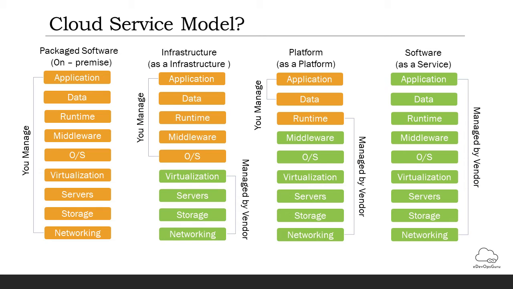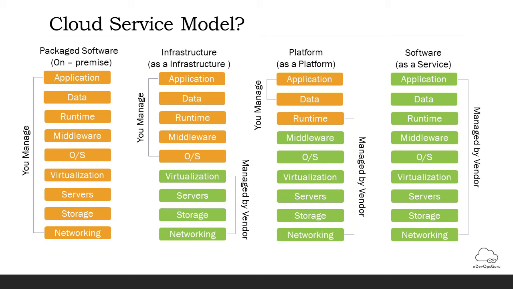In this case, the vendor manages network, storage, servers, virtualization, operating system, and middleware, whereas the customer gets the runtime environment to run their applications. The examples are AWS Elastic Beanstalk, Cloudbees, Cloud Foundry, Google App Engine, etc.